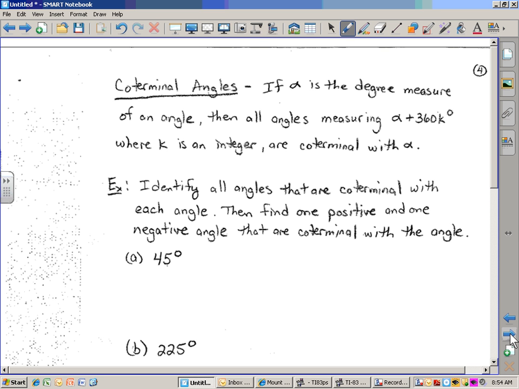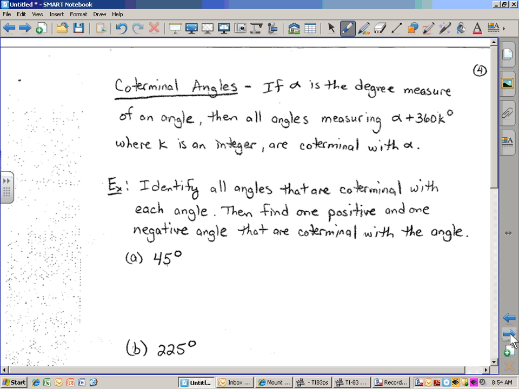Okay, another vocabulary word, coterminal angles. If alpha is the degree measure of an angle, then all angles measuring alpha plus 360k degrees, where k is an integer, are coterminal with alpha. That's the technical definition.